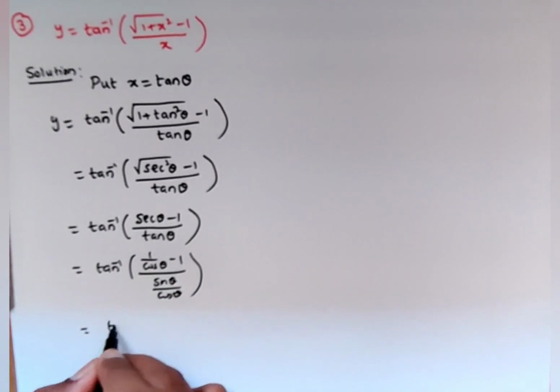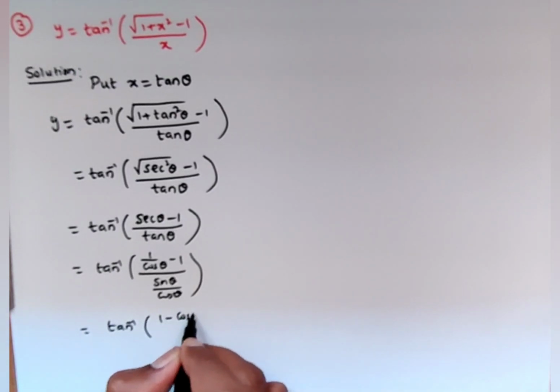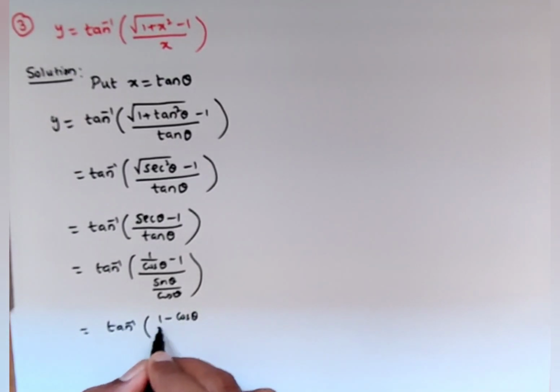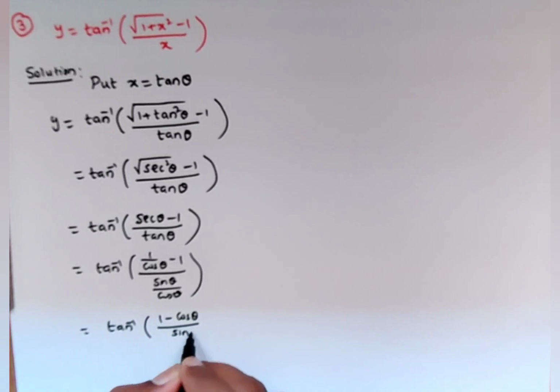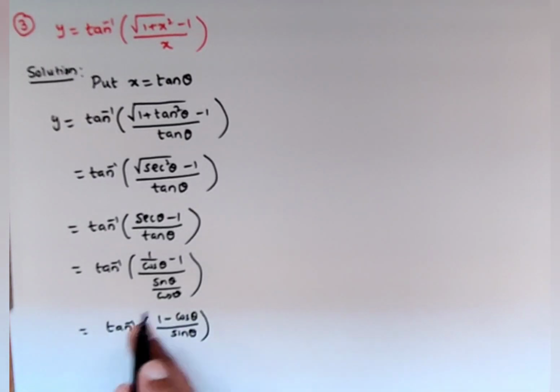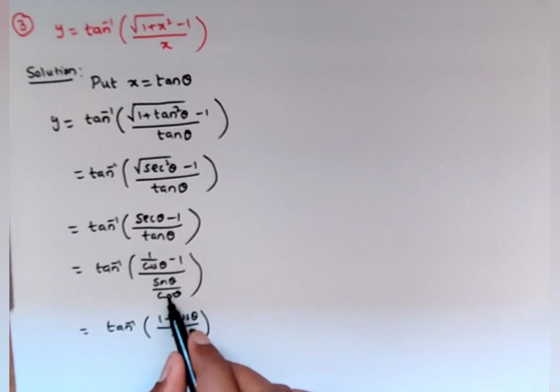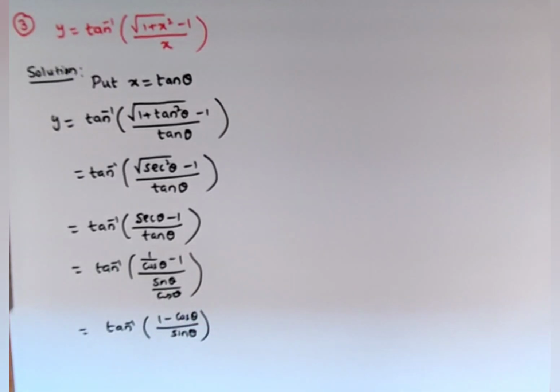So this is tan inverse of ((1 minus cos theta) divided by cos theta) whole divided by sin theta by cos theta. So the cos theta and that cos theta get cancelled.